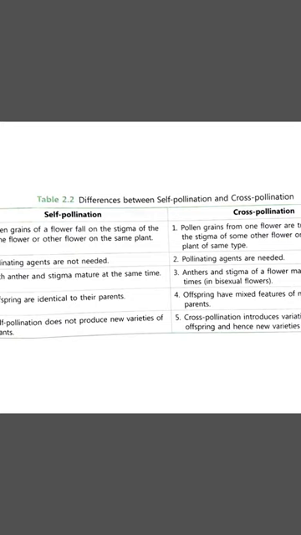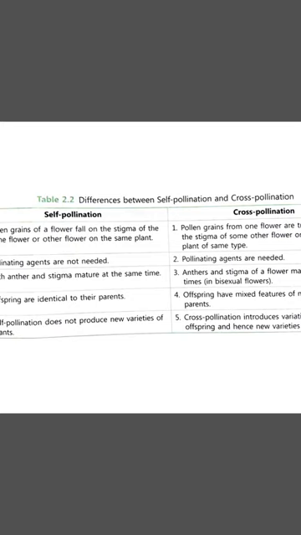So offspring have mixed features of male and female parents. The last point, and a very important one: self pollination does not produce new varieties of plants, but cross pollination introduces variation in the offspring and hence new varieties will be formed.